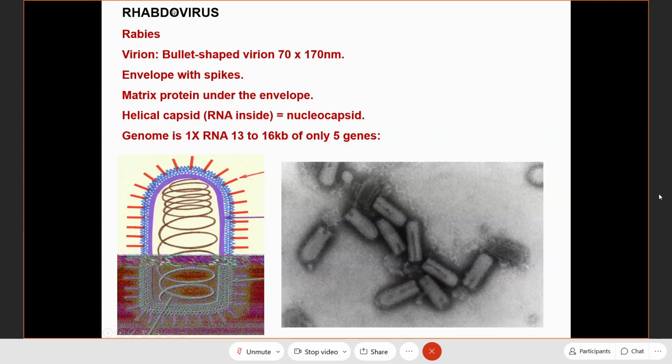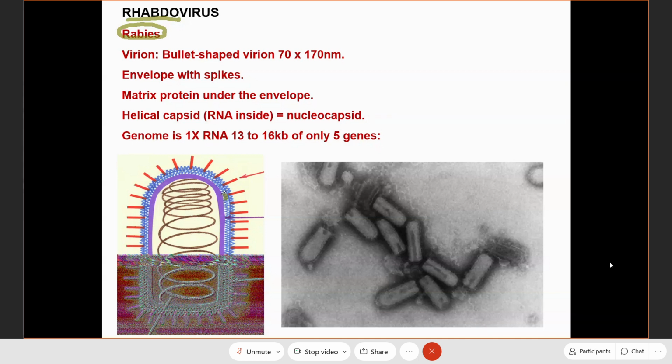Just to show you the rabies virus. Okay, you can see the name here, Rhabdo. Rhabdo, rabies. So that's where the name rhabdo comes from. Okay, the bullet-shaped virion is this size. You can see the envelope here, with spikes, protein like this. Okay, there is another layer here, protein.